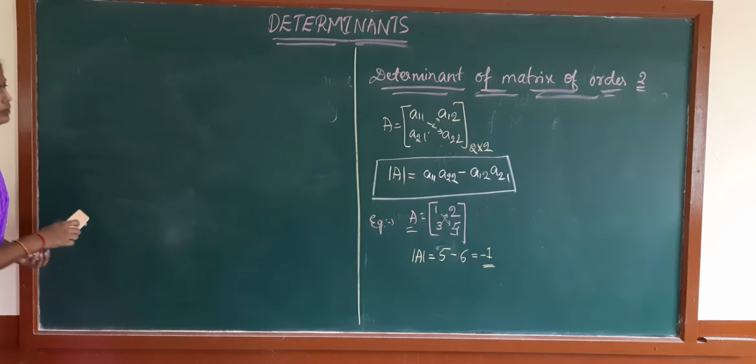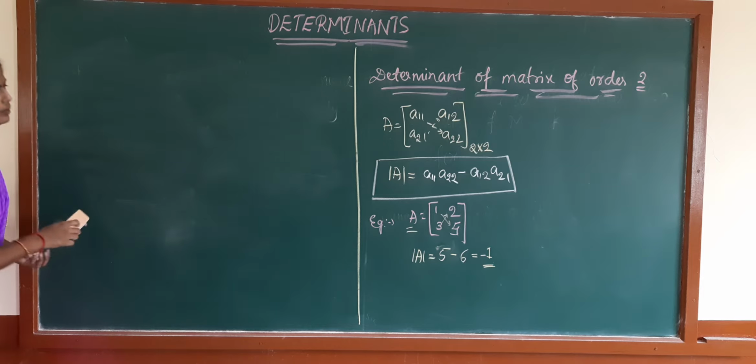So this is also complete, and the next one is A13. So we have to cross multiply. Again we get A21 A32 minus A22 A31. So if we write this outside the bracket, what do we get? A11 A22 A33 minus A11 A23 A32.